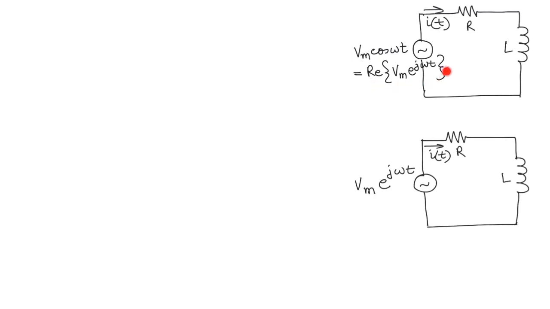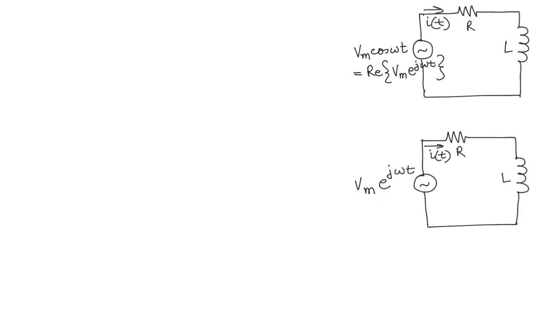And if you evaluate the output when the input Vm e to the power j omega t is given, and you evaluate the current and take the real part of that current, that's going to be the solution of the current here. Okay, so basically let's look at this circuit, look at the solution to this circuit, when the voltage source is Vm e to the power j omega t.